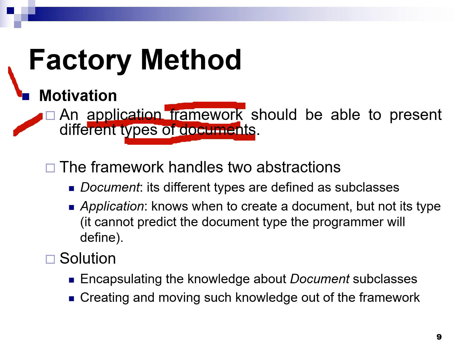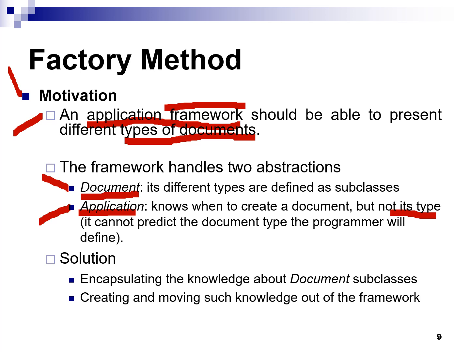Actually, this example is taken from the Microsoft Foundation Classes, MFC, that had exactly this design. In that framework, you have two types of abstraction. You have the document, which is the document that the application is going to implement, and then an application who knows when to create the document, but doesn't know the type, because the idea is that the programmer should define subtypes of document, right?